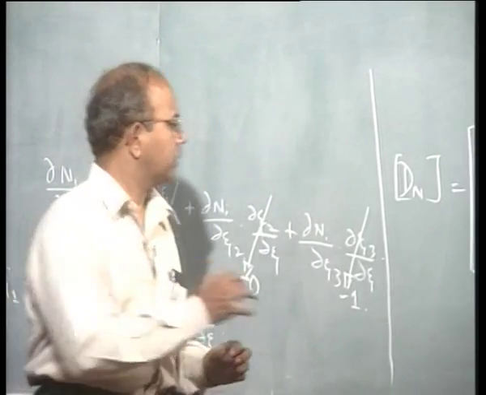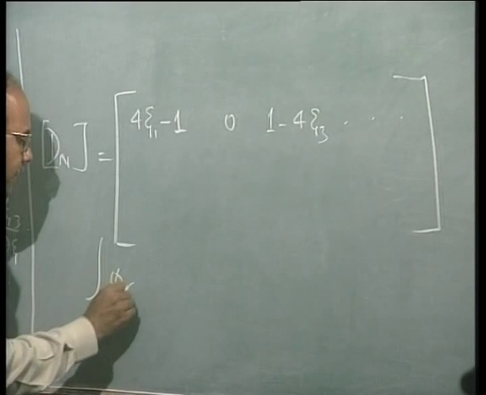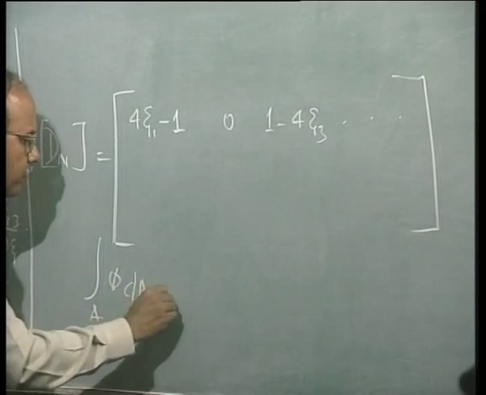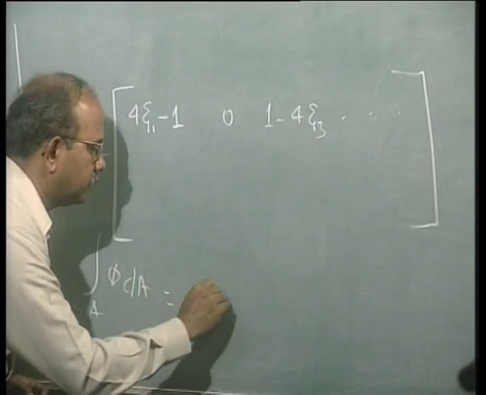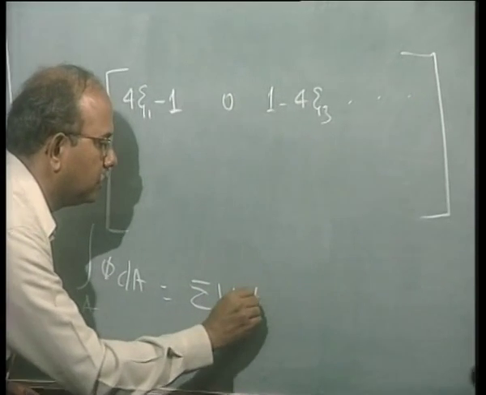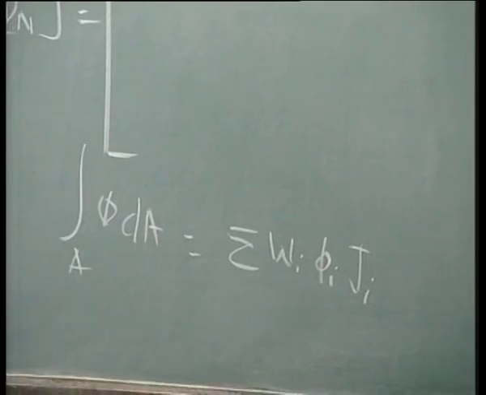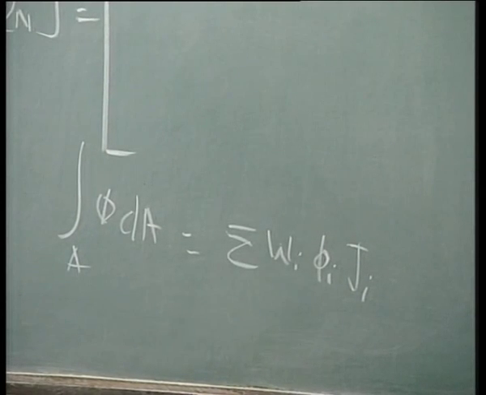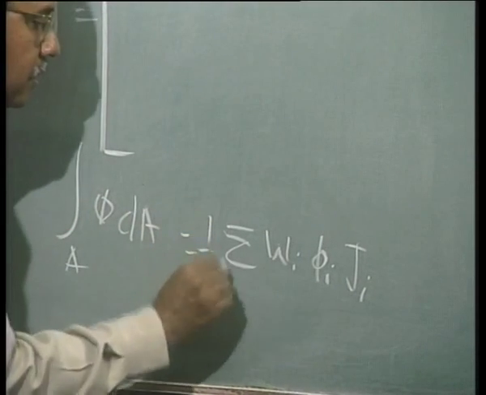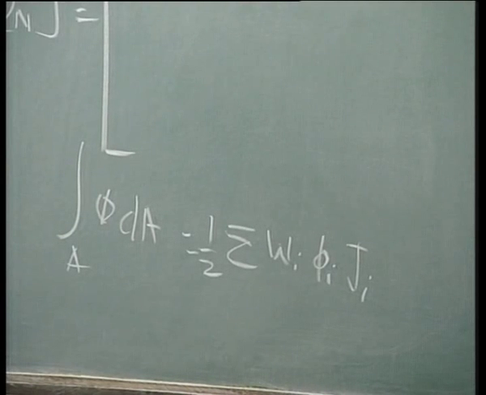Right. So suppose I write that, for example, integral of phi dA is equal to sigma wi phi at point i. Many textbooks put a half for certain reasons, let us not get into that, and then give the weightages.